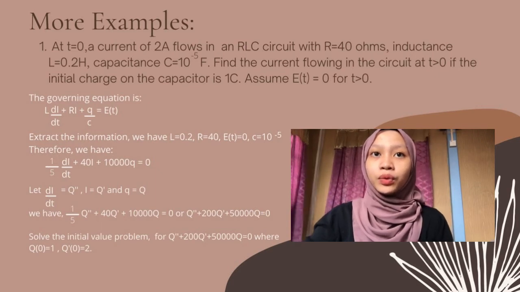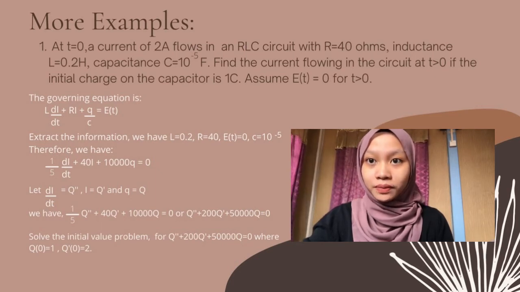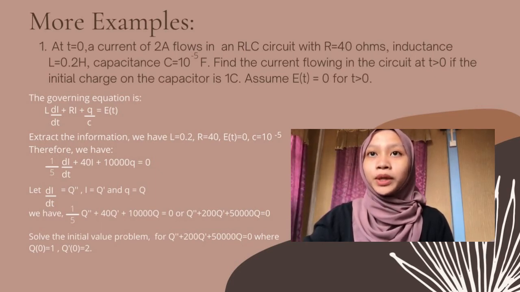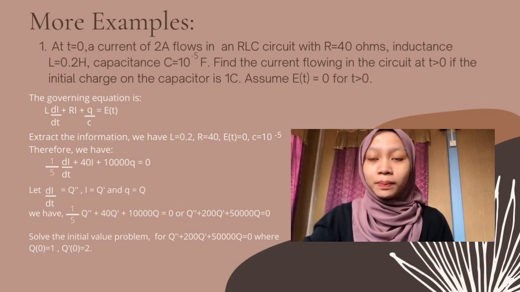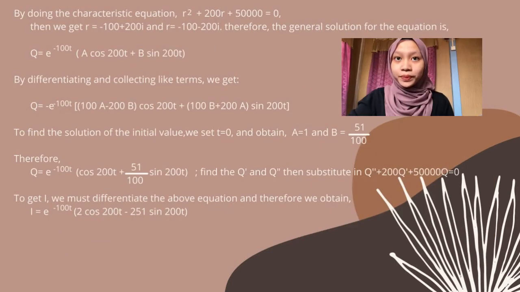Okay, so we will use L di/dt plus Ri plus Q/C equals E(t). We substitute all the information that is given, so we get 1/5 di/dt plus 40i plus 10,000 Q equals 0. From that, we use the calculator to find the value of m, and we get plus or minus 100 plus 200i.